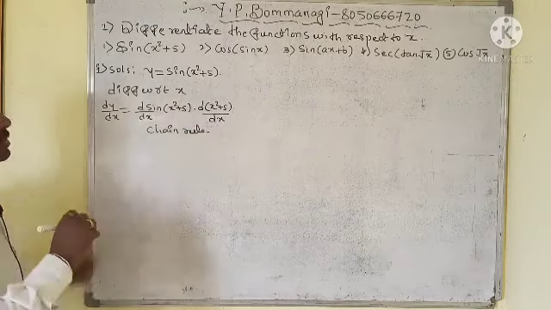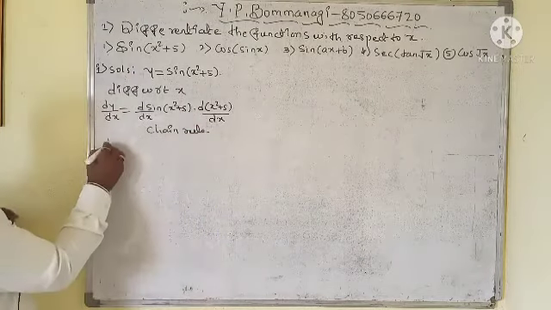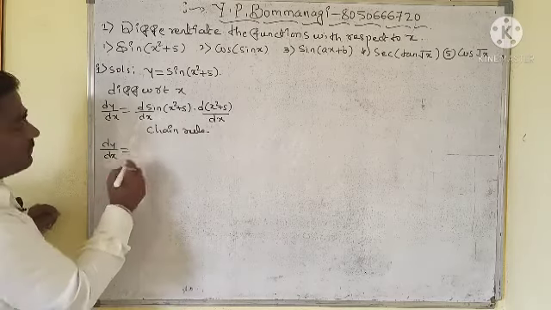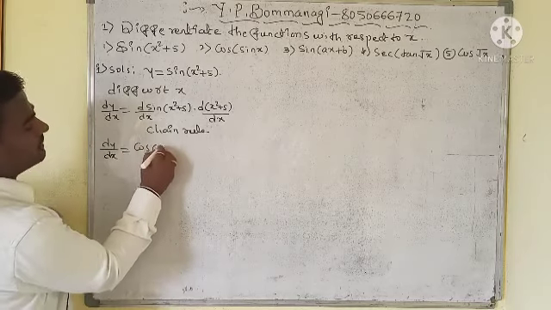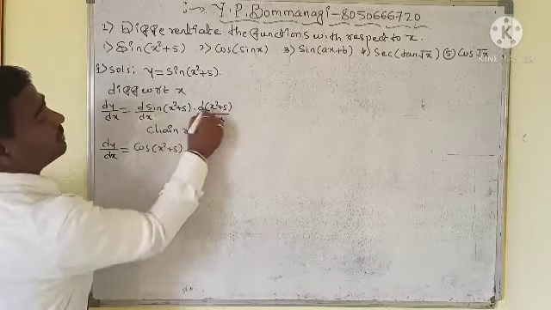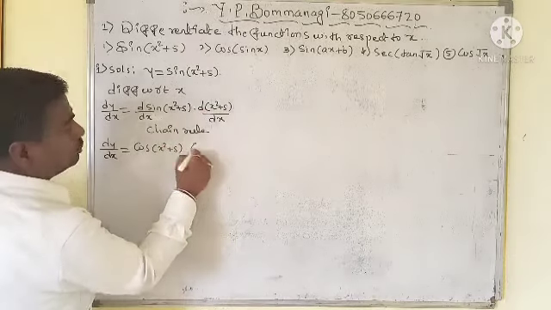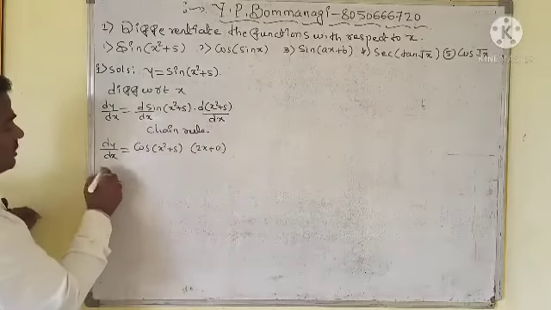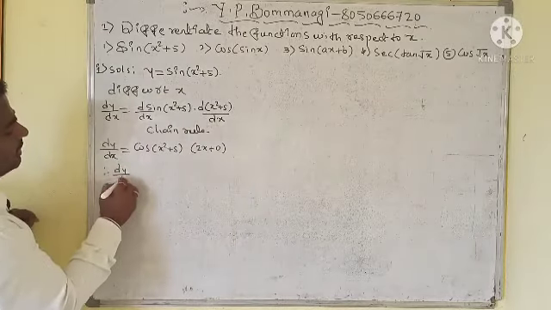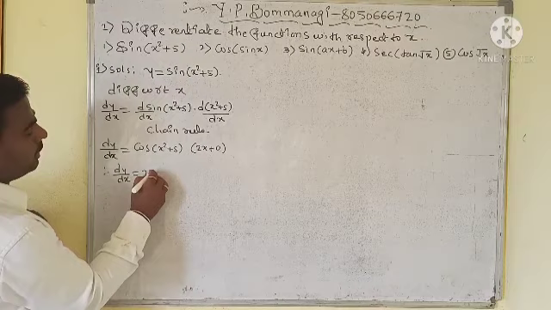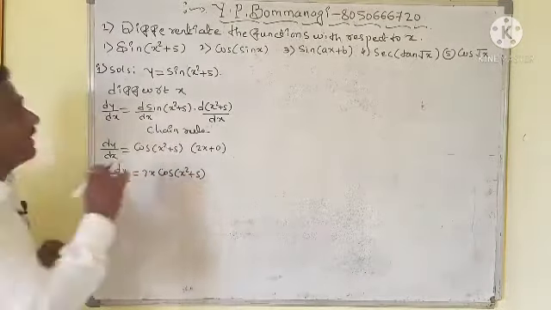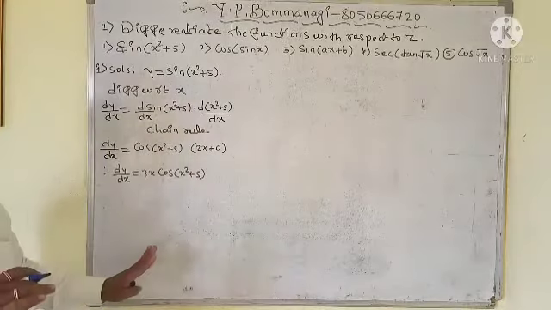Using the chain rule, dy by dx: keep the sine, so cos of x square plus 5, differentiation of x square is 2x, plus 0, the differentiation of a constant. So dy by dx is 2x cos of x square plus 5, hence the required answer for the first one.